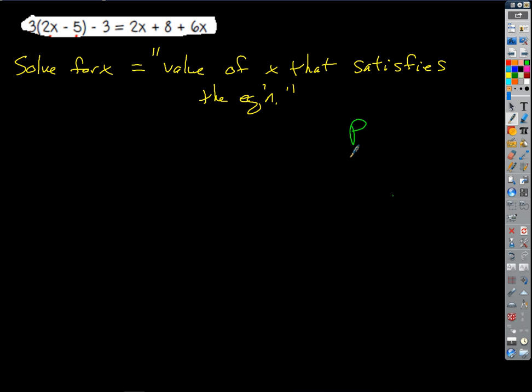After P comes E, right? What's the E for? Exponents. Okay, here's where we got to be careful. PEMDAS is spelled P-E-M-D-A-S. So does that mean the M comes before the D? No, it doesn't. You're right. The M and the D are on equal footing. So here's how I want you to write this. We want to write the M and the D on the same row to remind ourselves that they're equal, right?